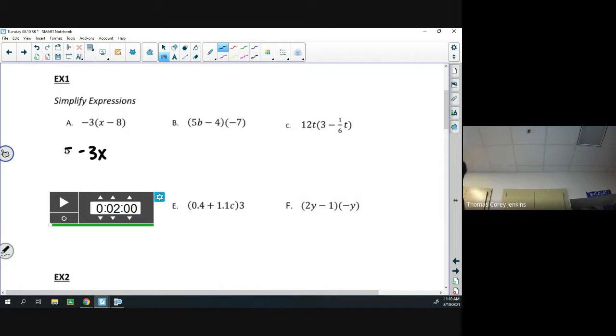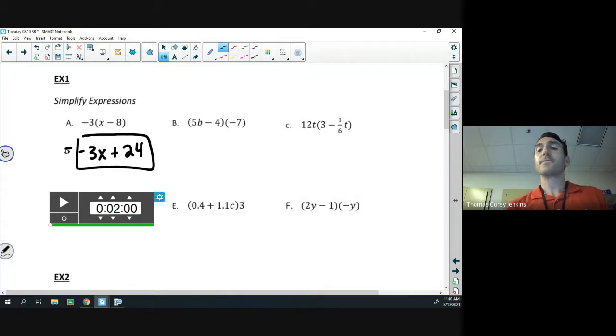So that's going to be a plus, right? Multiply 2 negatives, you get a plus. And that's 24. Don't write -24. Just write plus 24. So -3x plus 24. Any questions on that one?